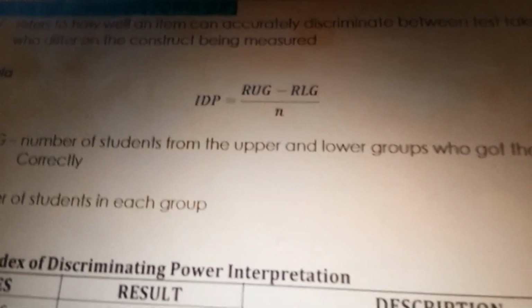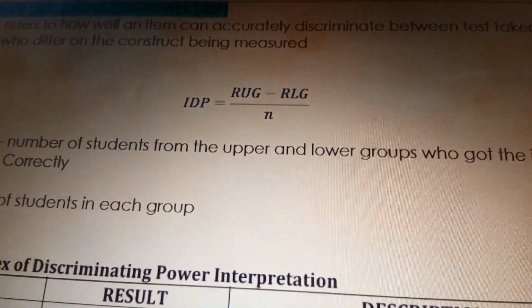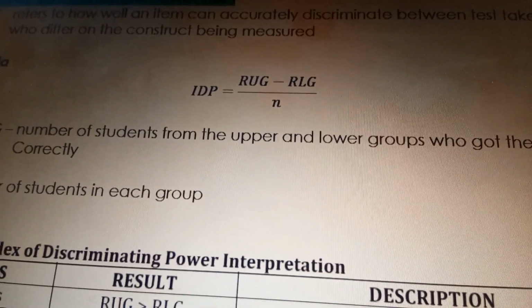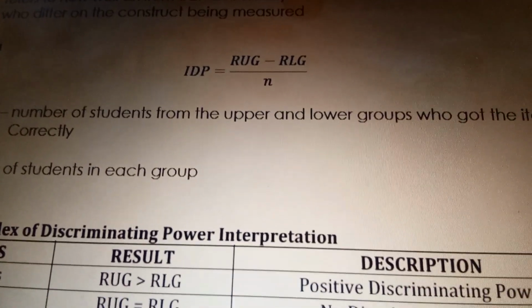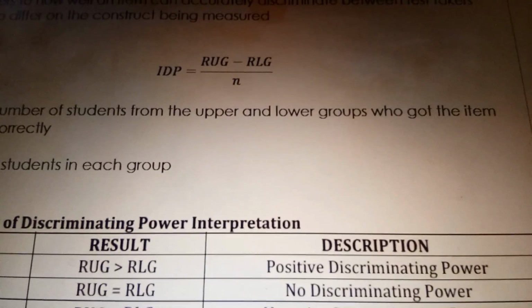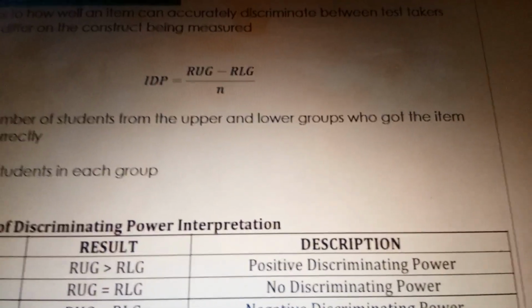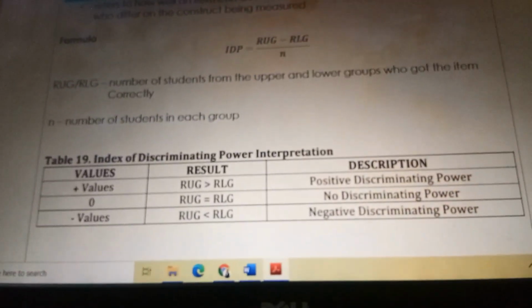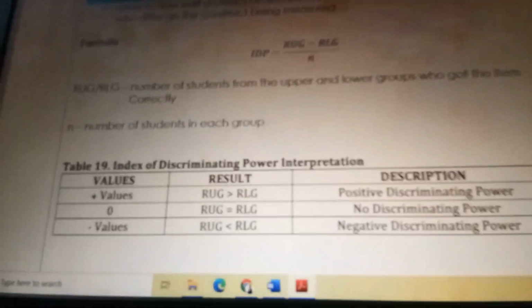So, in here, the formula is IDP, Index of Discriminating Power, RUG minus RLG all over N. Again, RUG or RLG would be the number of students from your upper and then lower groups who got the correct item. Okay? And then your N, notice here that your N is small letter.